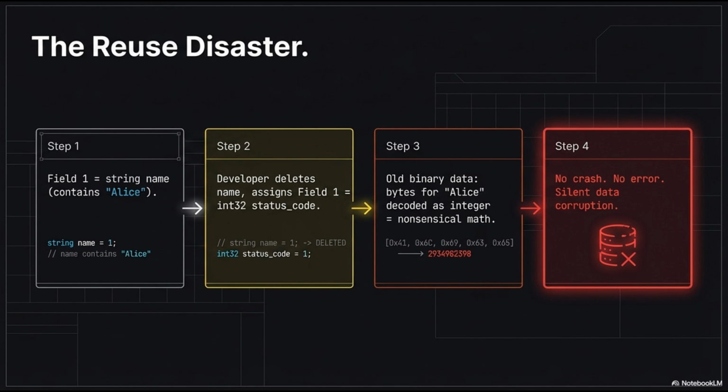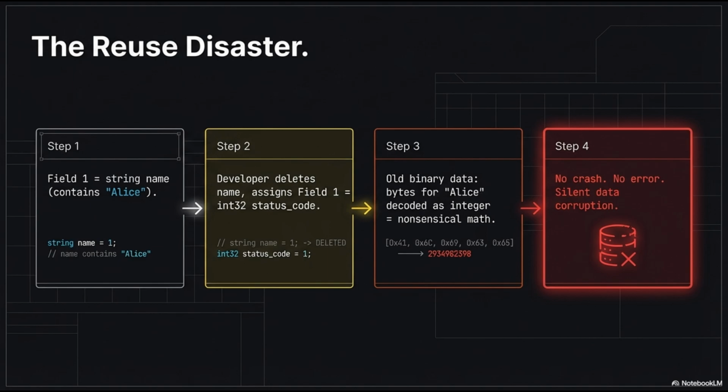Oh, no. Yeah. It takes the bytes representing the word Alice and blindly attempts to parse them mathematically as a 32-bit integer. Because it has no idea the original variable name was different. It just sees the tag number. Exactly. The parser will interpret those text bytes mathematically, resulting in massive, completely nonsensical integer values for your status code.